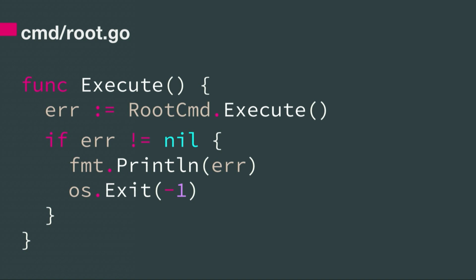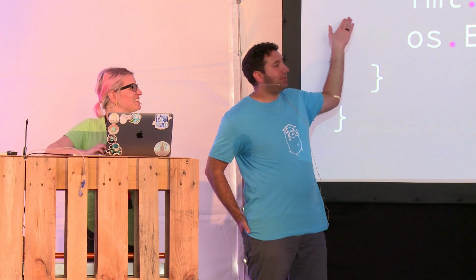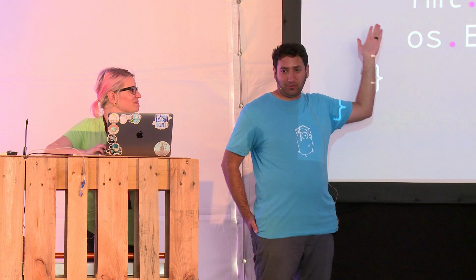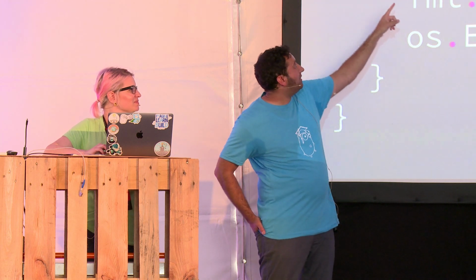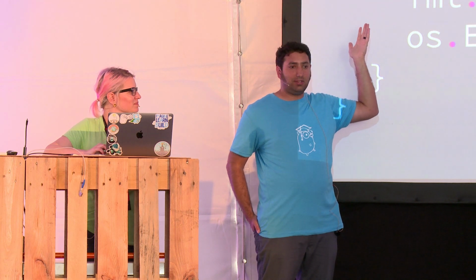What is the error? It is an error. It is a variable name for an error. So this function, command root execute, returns one value, and that is an error value.